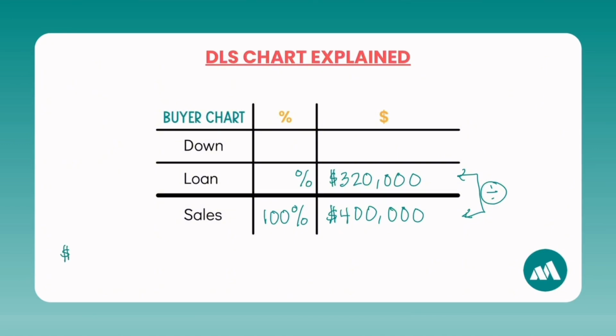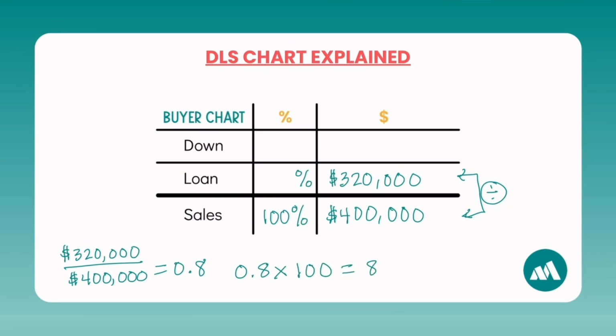So we say $320,000 divided by $400,000 is going to equal 0.8. Now don't forget, you have to multiply it by 100 to convert it to a percent. So that's going to equal 80%. So our LTV ratio is 80%.